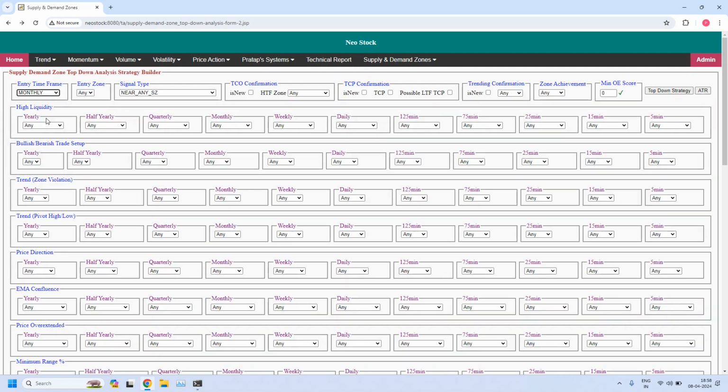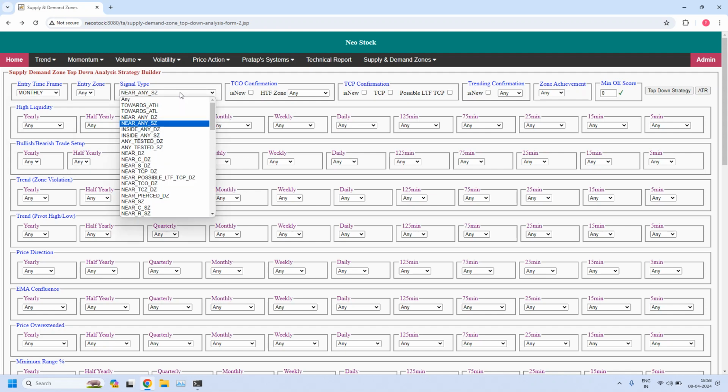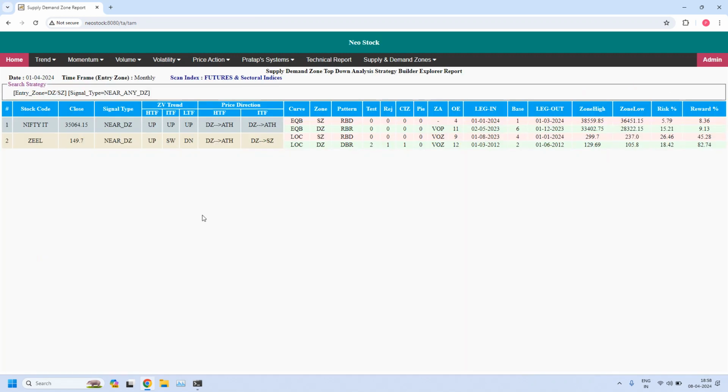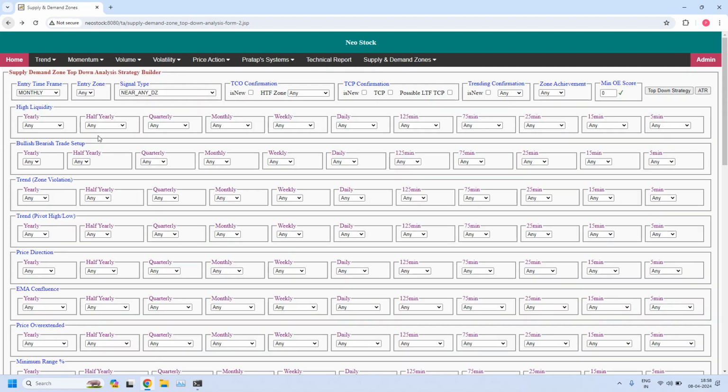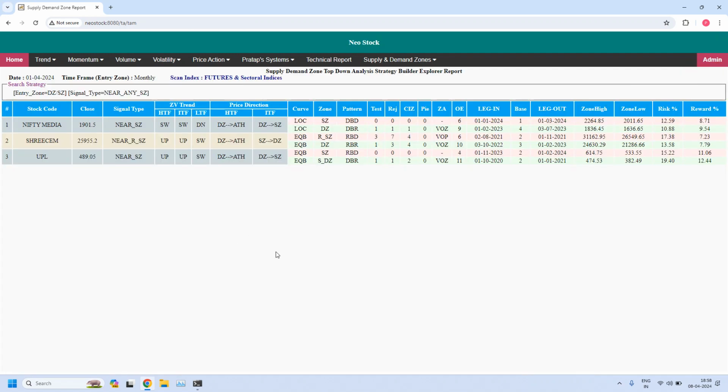Changing the time frame to monthly. And let us find the stocks near monthly demand zone. So two stocks are filtered near to the monthly demand zone. So let me go back. For monthly time frame, let us find the stocks near monthly supply zone. So these three stocks are filtered near to the monthly supply zone.